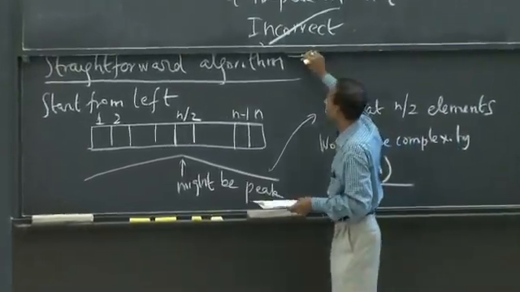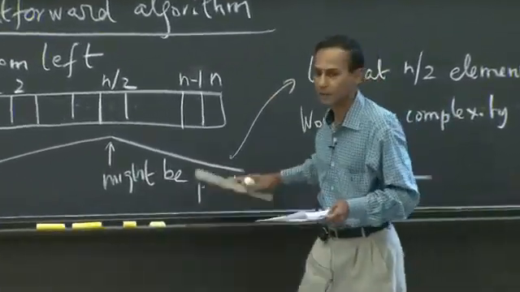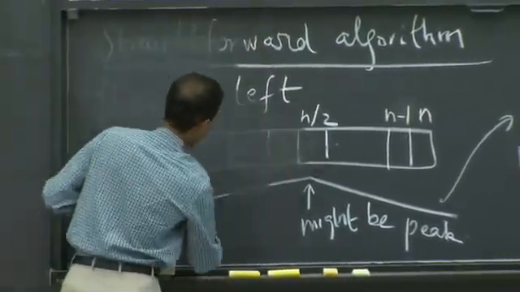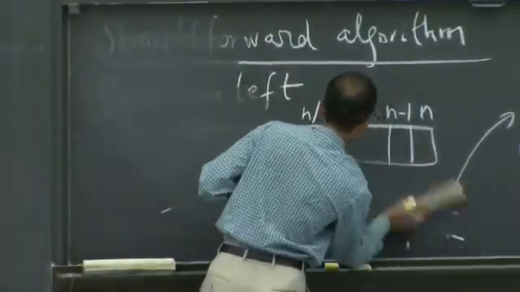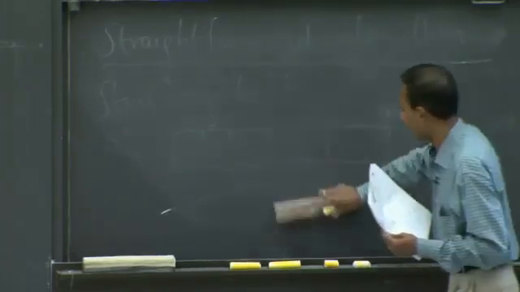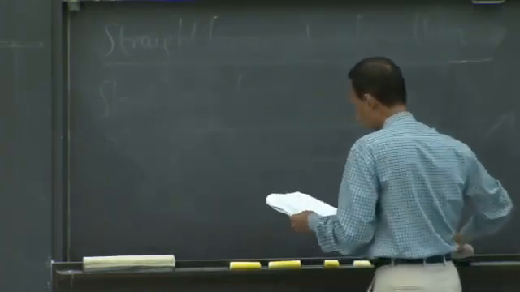Being correct and inefficient is definitely better than being incorrect and efficient. So this is an efficient algorithm in the sense that it would only take log n time, but it doesn't work, and I'll give you a simple example here where it doesn't work.